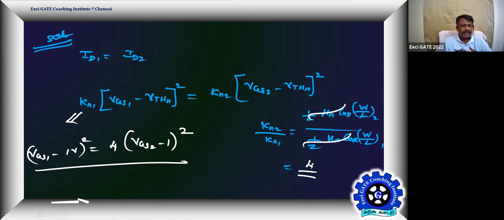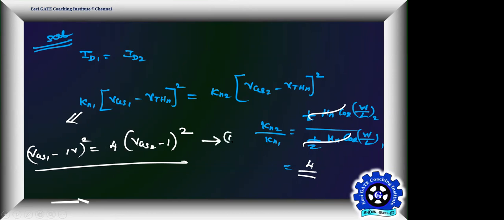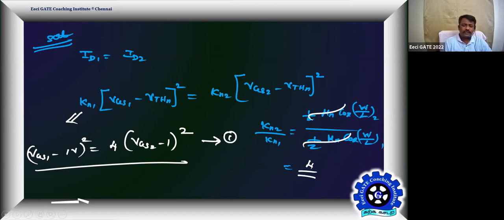This is actually having two unknowns, right? Then how can we solve for VGS1 and VGS2? This is going to give infinite solutions, correct? If you fix some value for VGS1, there is going to be a value for VGS2, correct? So it's an infinite solution problem.